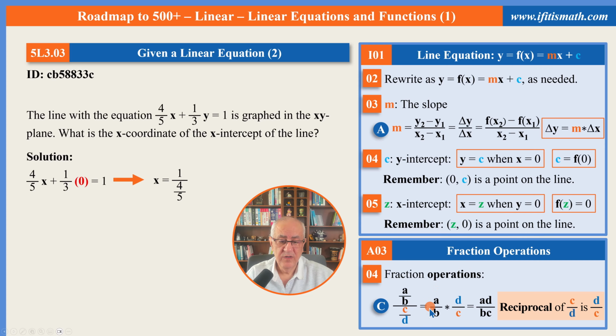We use this rule: a over b over c over d equals a over b times the reciprocal of this, d over c. Here we have a over b as 1, so it's going to be 1 times the flip of this, which is 5 over 4, and we end up with 5 over 4.